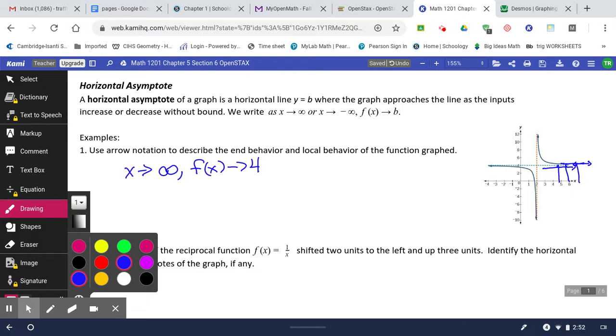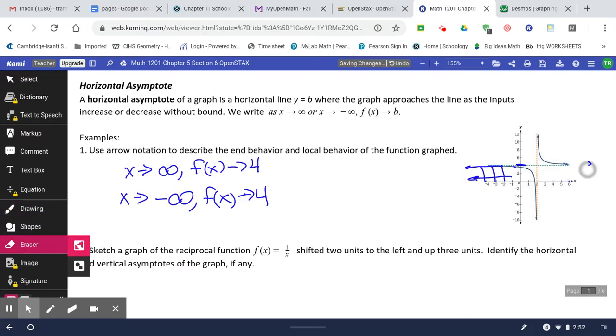As x approaches negative infinity, so like -2, -3, -4, the further and further negative on the x value, where are we going to? Well, as x approaches negative infinity, f of x is still going to go to this value of 4.